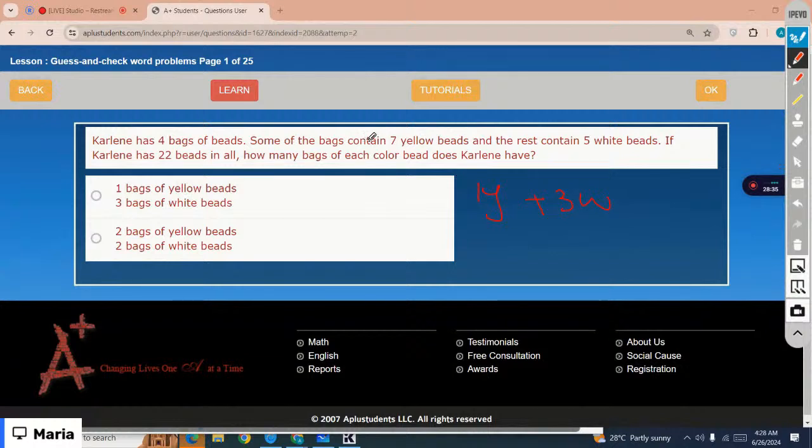Some of the bags contain 7 yellow, so 1 times 7, and 5 white, 3 times 5 is 15, and 15 plus 7 is 22. So the correct option is 1. You have 1 bag of yellow beads and 3 bags of white beads. Option number 1 is the correct option.